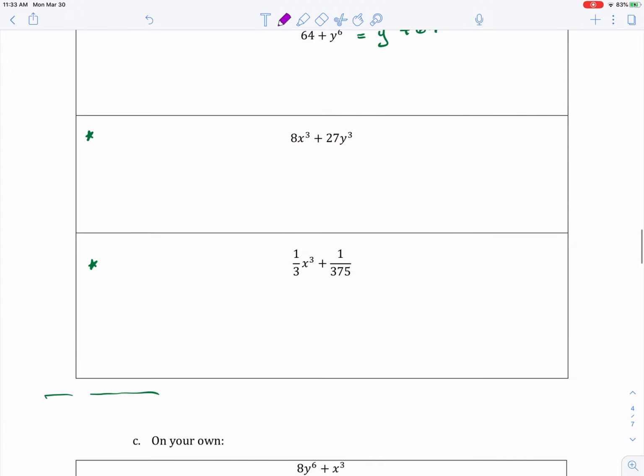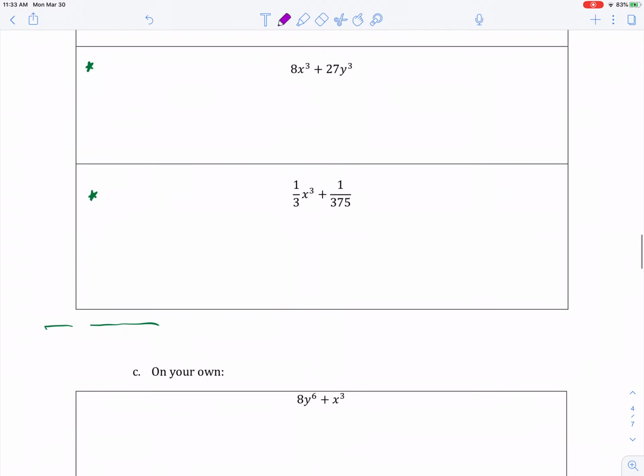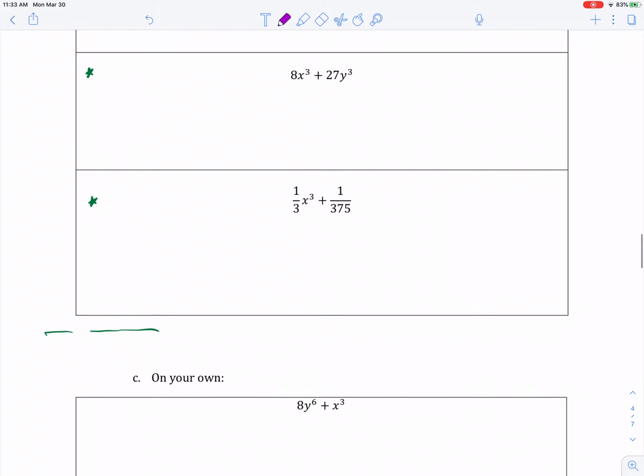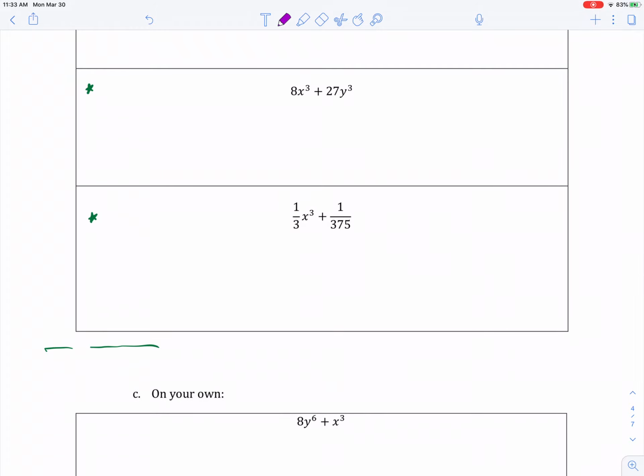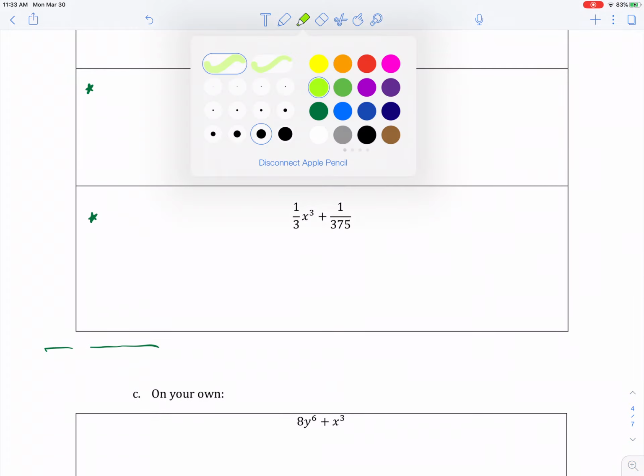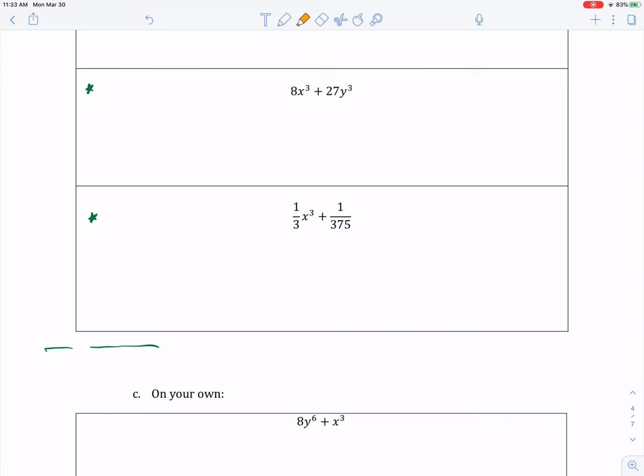Here, I wanted to do a couple more of these that get kind of messy. So let's quickly check characteristics. 8 is a perfect cube, 27 is a perfect cube. The exponents are both multiples of 3. I'm seeing just two terms in here, so this looks like the sum of two cubes. So smaller parentheses, larger parentheses.